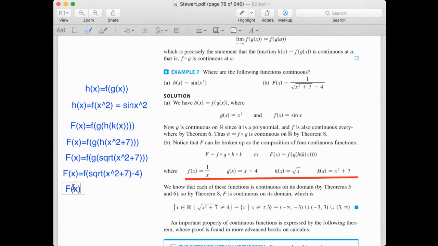What does f do? f takes the inverse of the input. So that just becomes 1 over square root of x squared plus 7 minus 4.